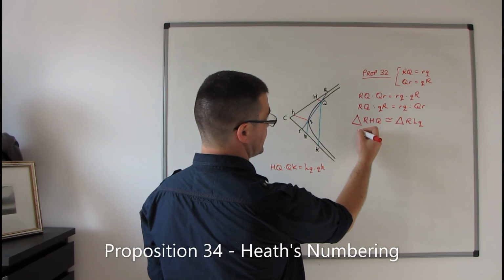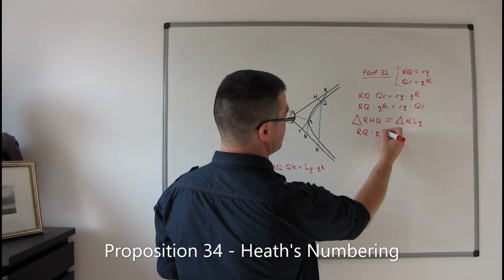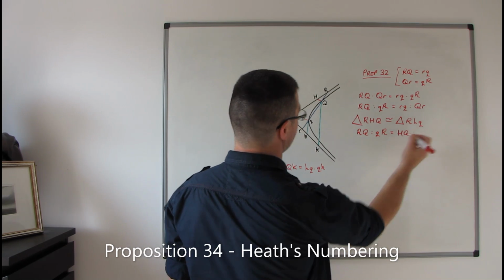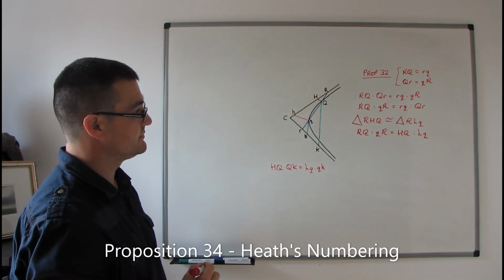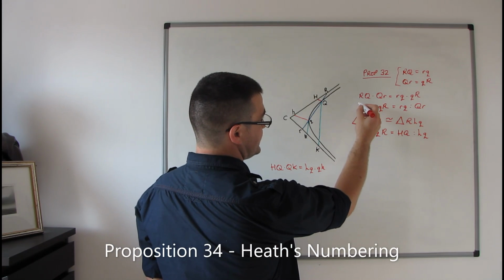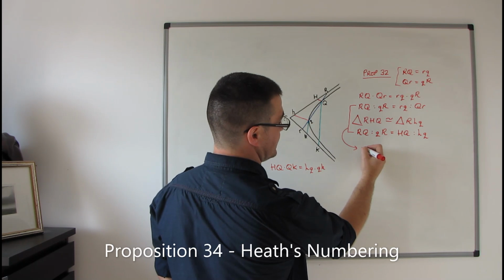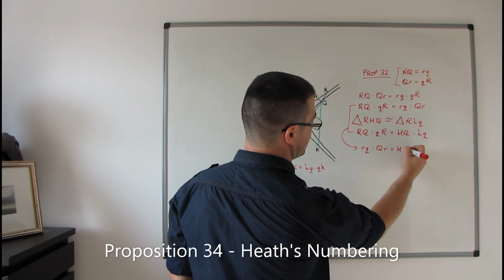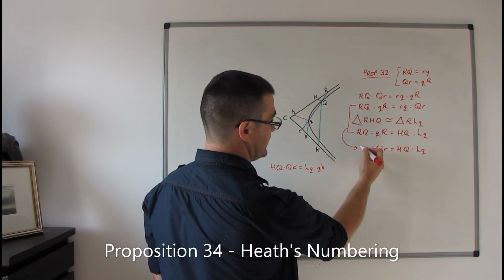So from this it follows that RQ ratio QR is equal to HQ ratio HQ. And from these two results now, it follows then that RQ ratio QR is equal to HQ ratio HQ. So we're going to need that in a second.